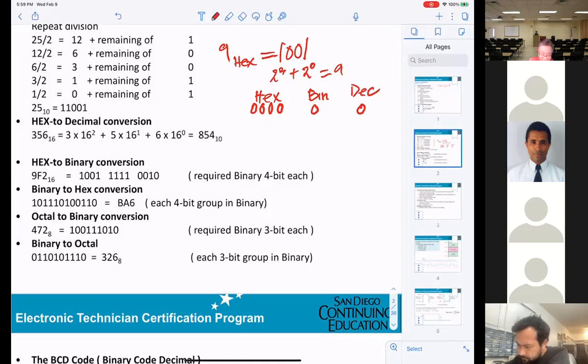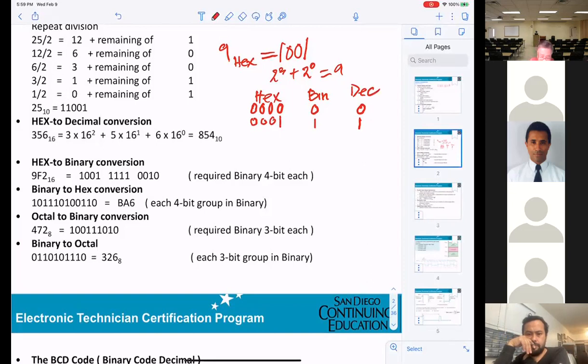Now, if you get the number 1 in the decimal, the binary will be 1, right? And the hexadecimal will also be 1. However, again, it has to be 0001.